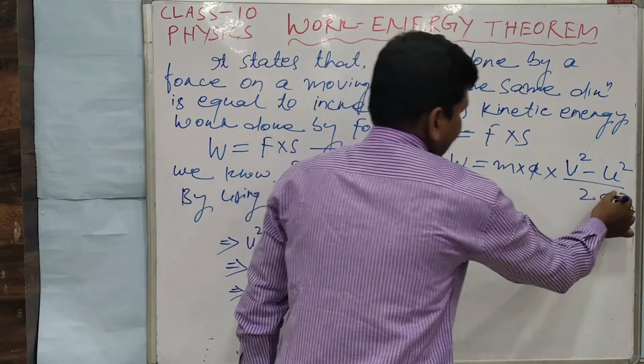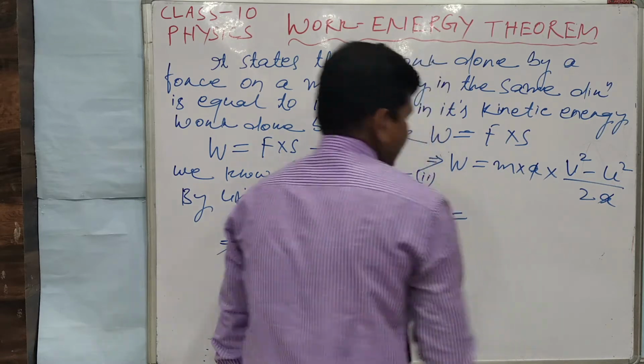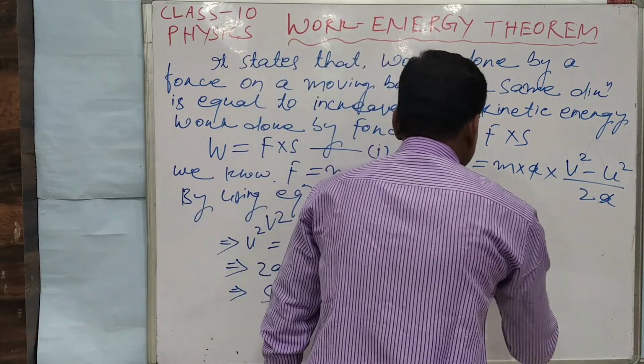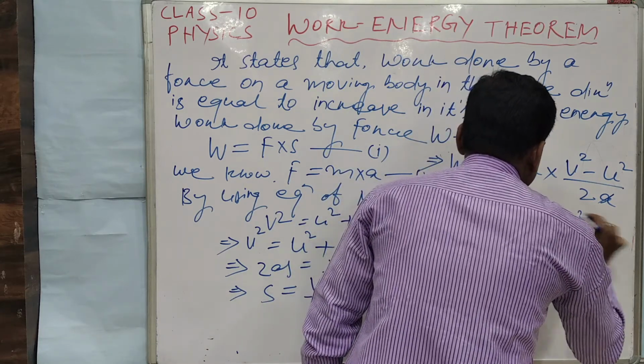Now here a is cancelled, and we get the work done W is equal to half m times v square minus u square.